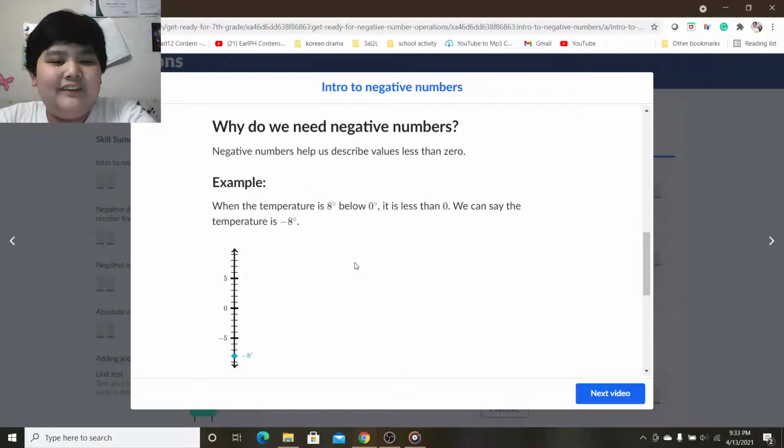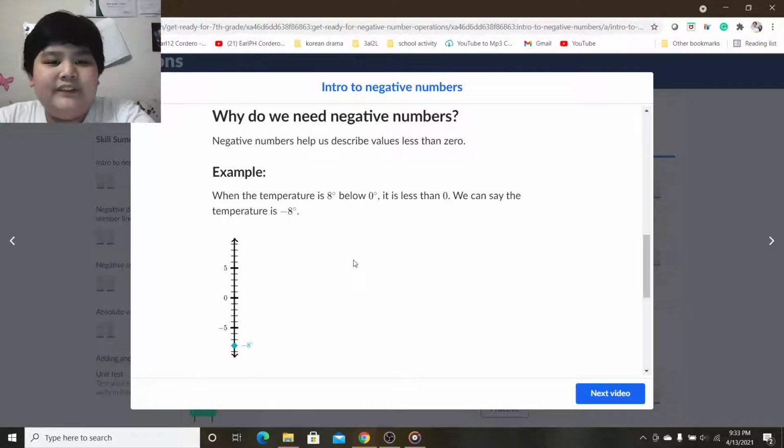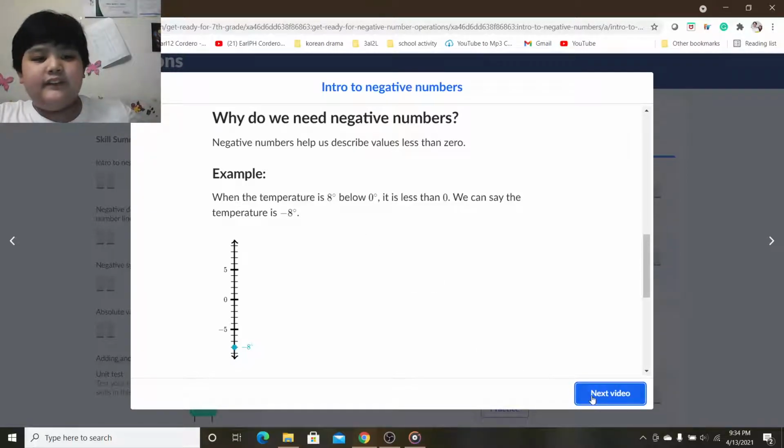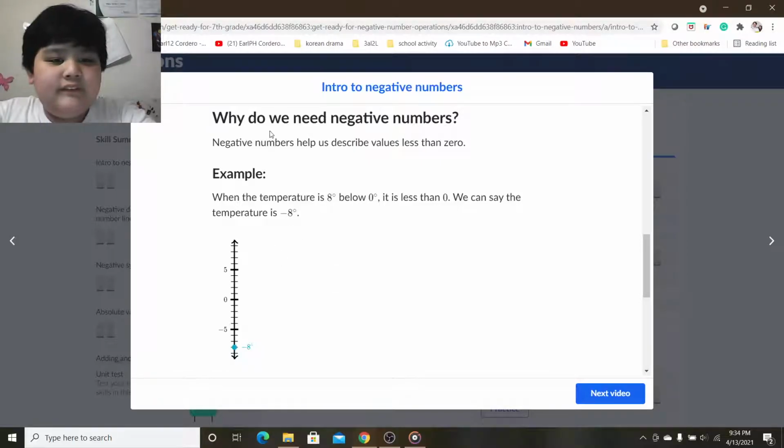Alright, gotcha. Why do we need negative numbers? It helps us describe values less than 0. When the temperature is 8 degrees below 0, it is negative 8.